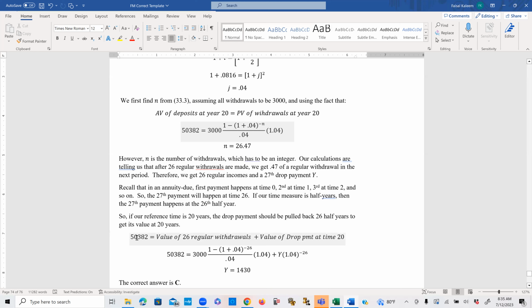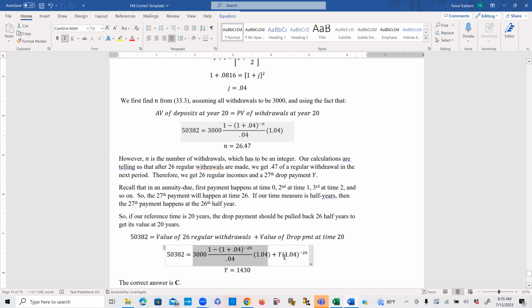So the accumulated value of the fund at time 20 will be equal to the value of the 26 regular withdrawals at time 20 plus the value of the drop payment at time 20. The regular withdrawals are the annuity due, so that's the usual annuity due formula up to this point. Then the drop payment needs to be brought back 26 half years.